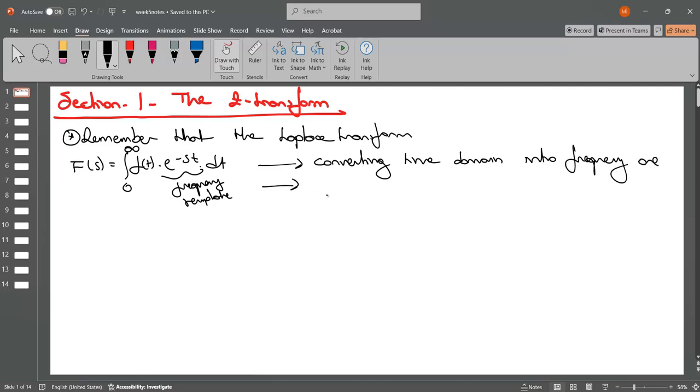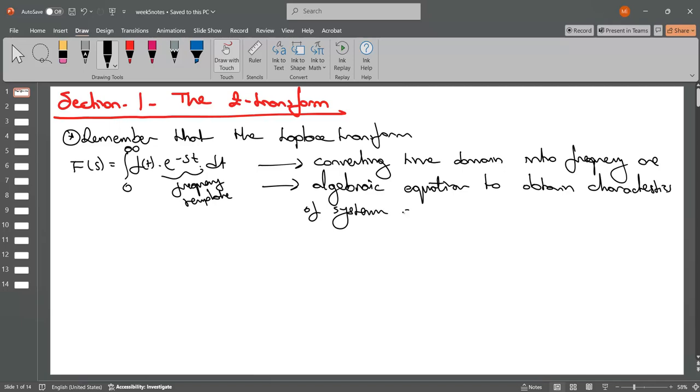And also we can utilize the what? This yields us the algebraic equation to obtain the characteristic of the system, checking only the roots, right?